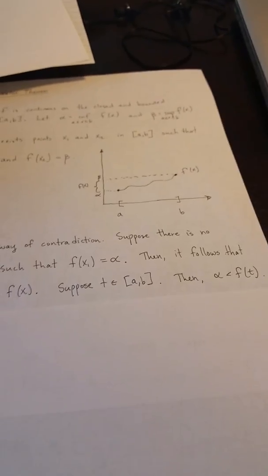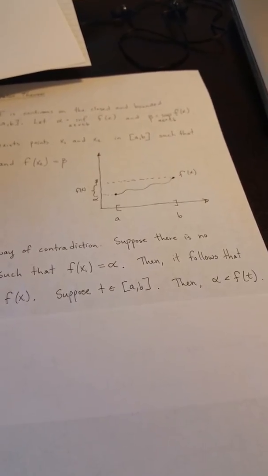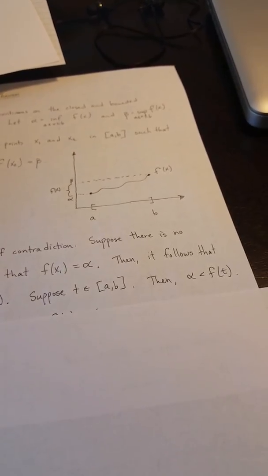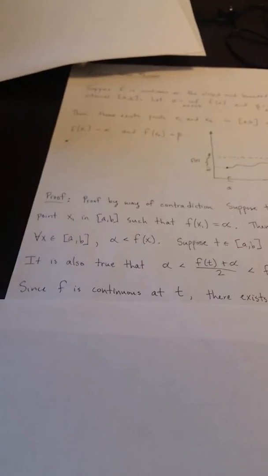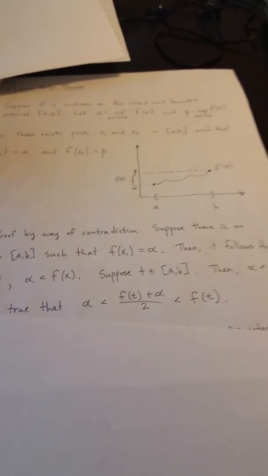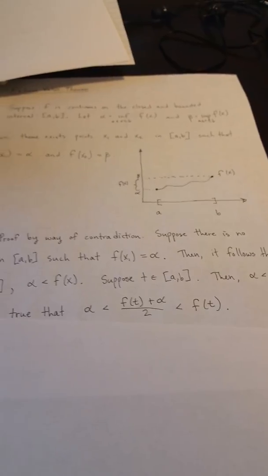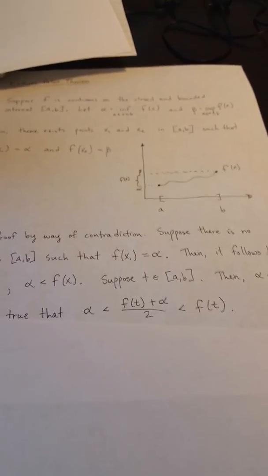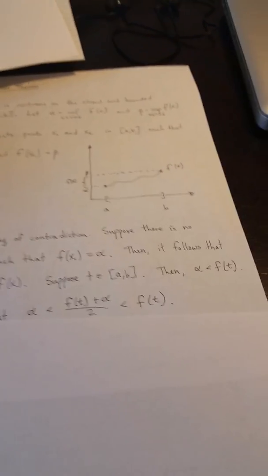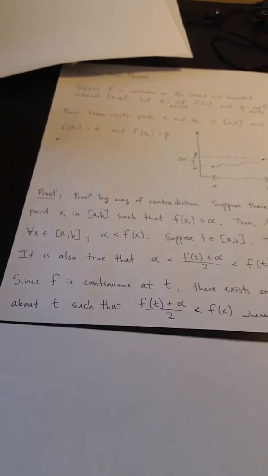Now suppose we have a point t in the interval. We know that the value of the function at t is greater than alpha. We can also take the average of those two values, (f(t) + alpha)/2, and that average is in between them.